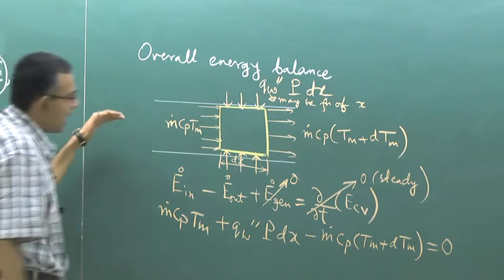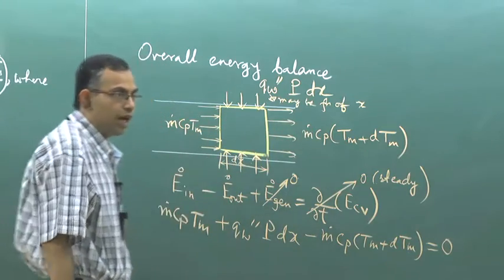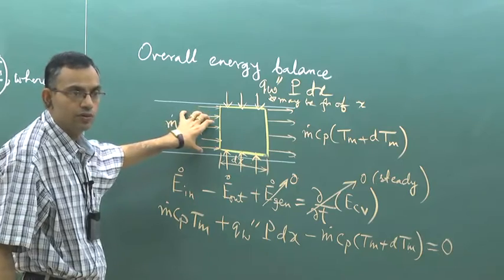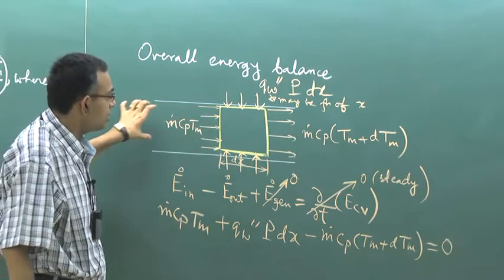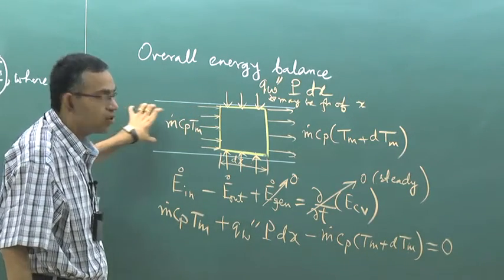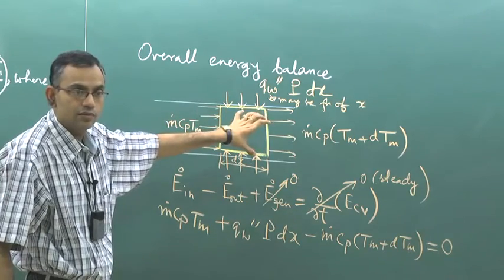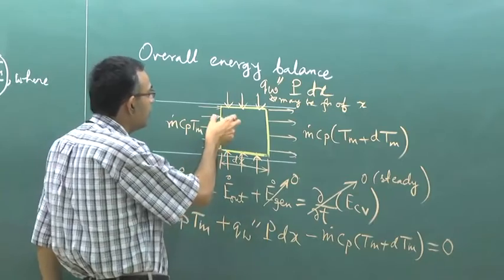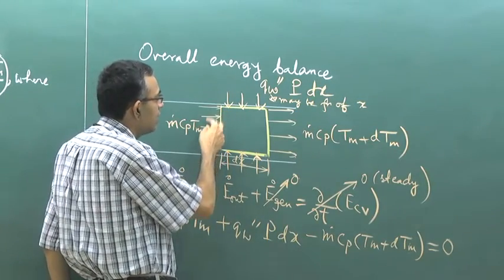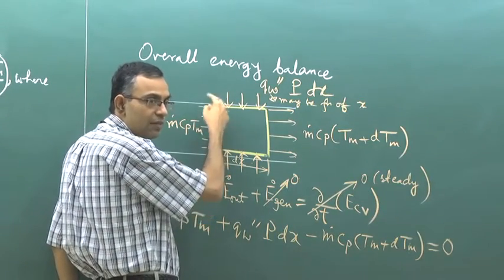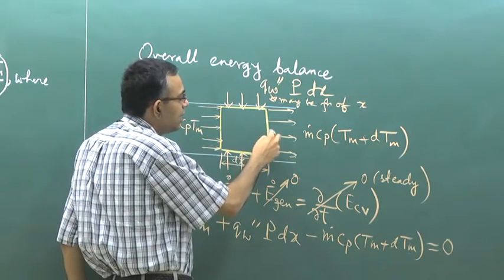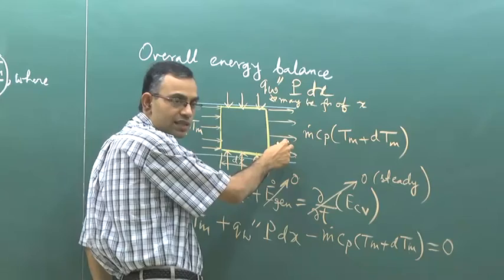So in the axial direction, we have considered that there is heat transfer due to fluid flow, but we have not considered heat transfer due to axial conduction. So we have neglected axial conduction. Ideally we should have taken a heat flux minus k dTm dx here and minus k dTm dx at x plus dx here.